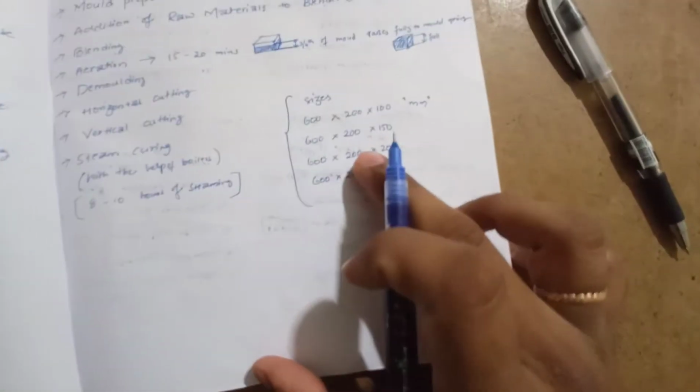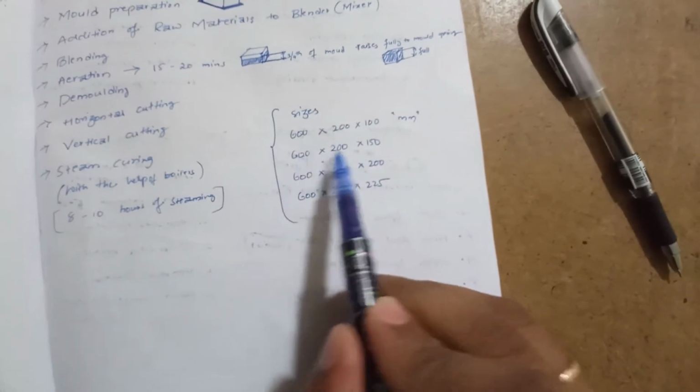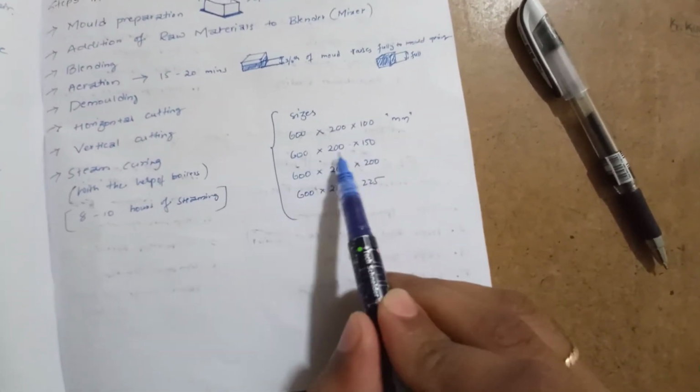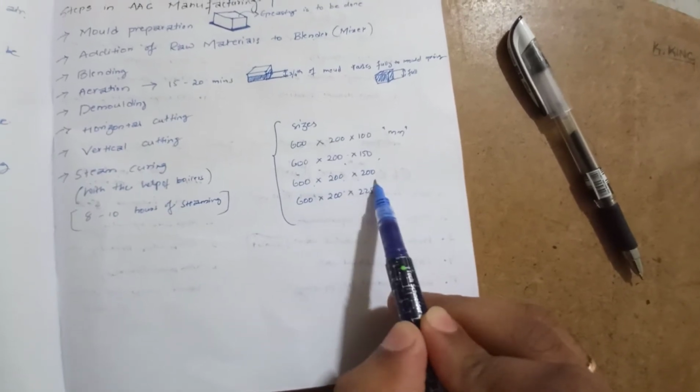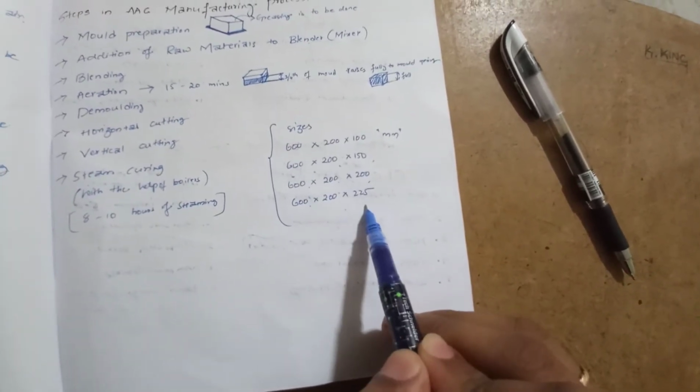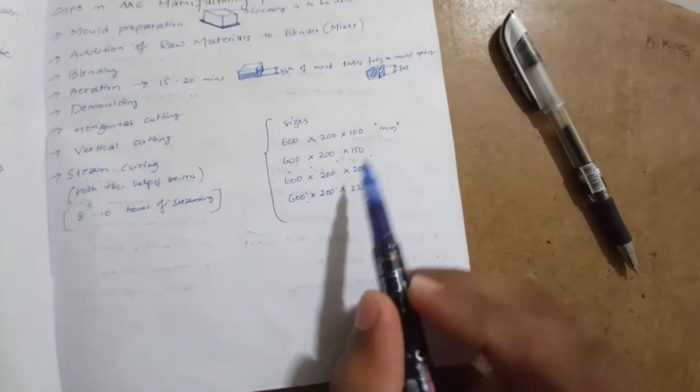these are the general sizes of these blocks: 600 into 200 into 100 mm, 600 into 200 into 150 mm, 600 into 200 into 200 mm, 600 into 200 into 225 mm. These are all in mm, or we can say 4-inch brick, 6-inch brick.